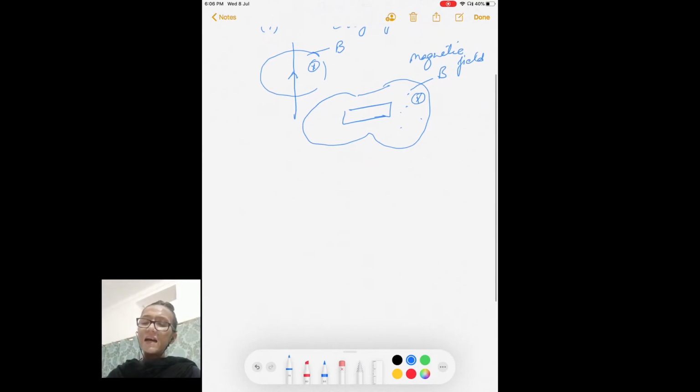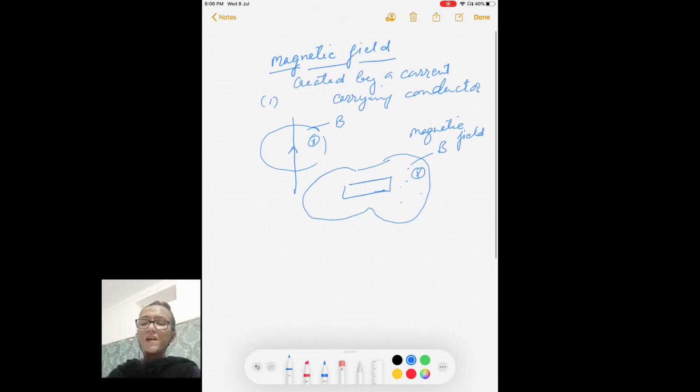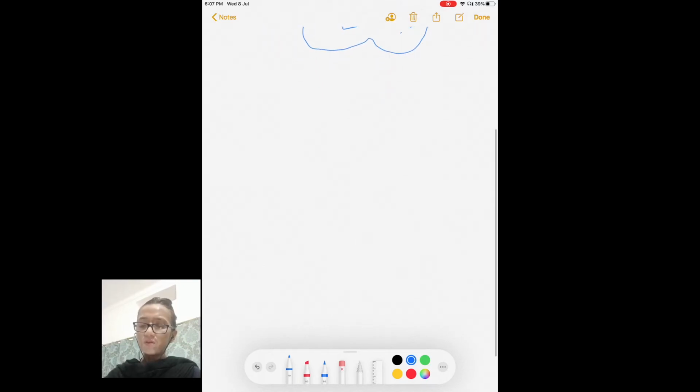Now let us try to define magnetic field in terms of the force the compass needle experiences when it is placed over here, or when a moving charge is there, moving charge in this field, then it will also experience some force. So let us learn.